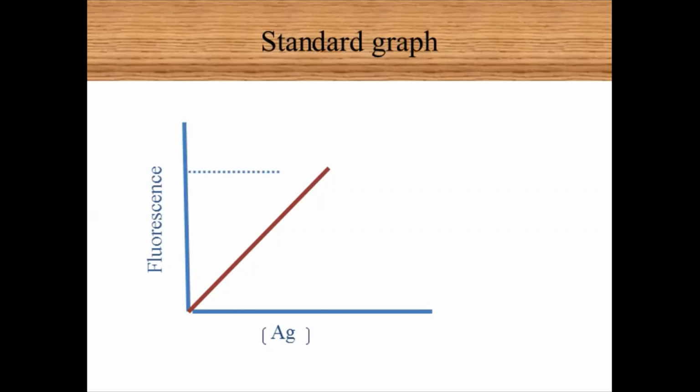An extrapolated graph is plotted for the unknown concentration of the antigen. Here you can see that the unknown concentration of the antigen is plotted through the extrapolated graph, which shows the exact concentration of antigen.